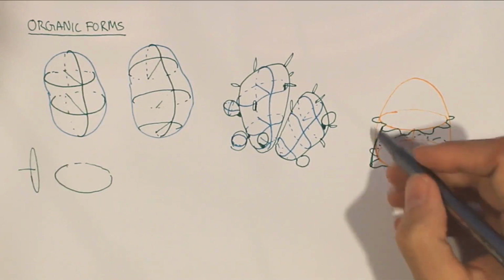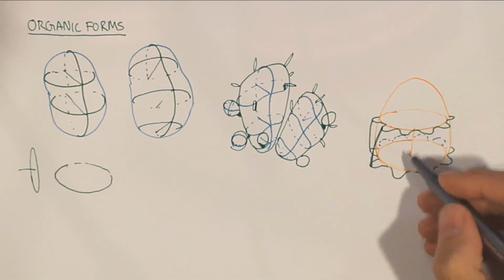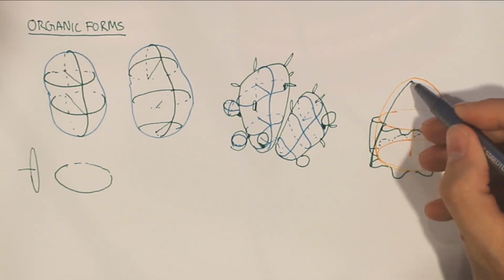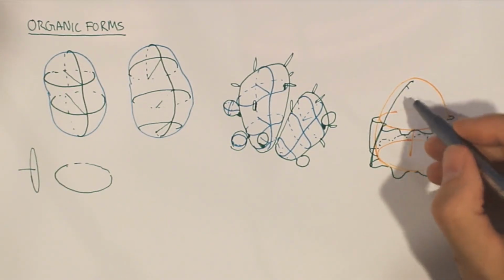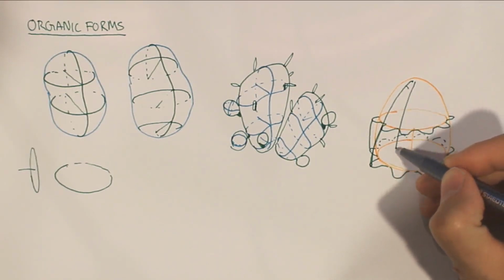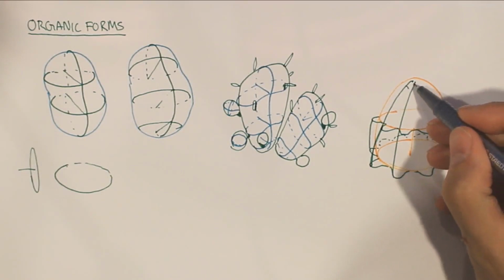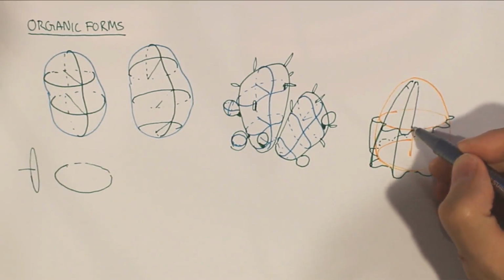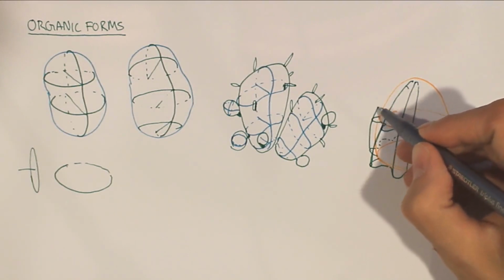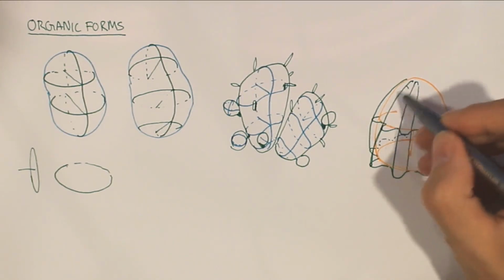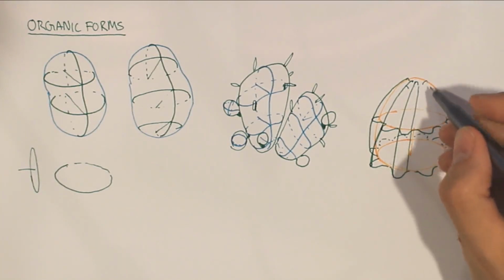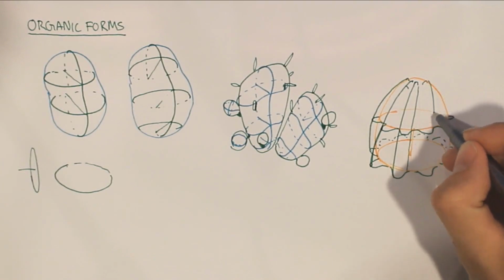Now I'm going to start to connect these. And I'll bring it up to the top, and it sort of tapers in towards the top. As it tapers in towards the top, it begins to rotate away from us. So just account for that in your ellipses.